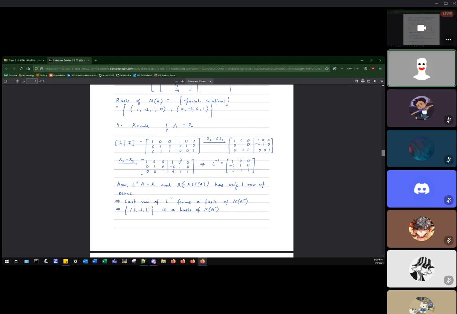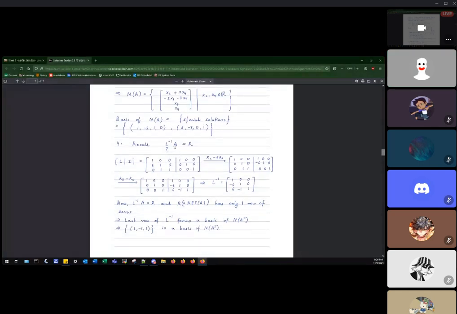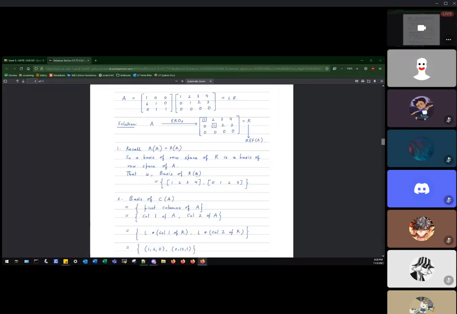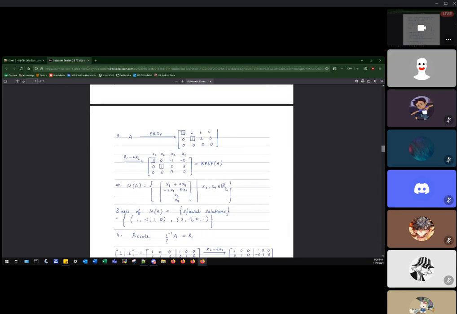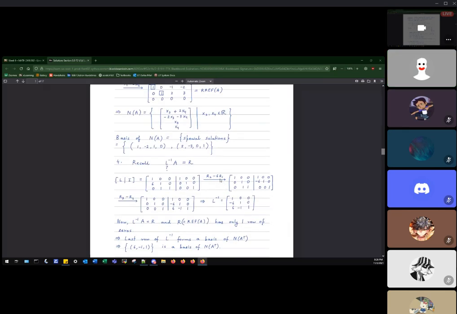I'm not sure what's going on here. You find a lower, it looks like you're finding an LR decomposition for A. Oh no, you're given an LR decomposition of A. And you're going backwards.